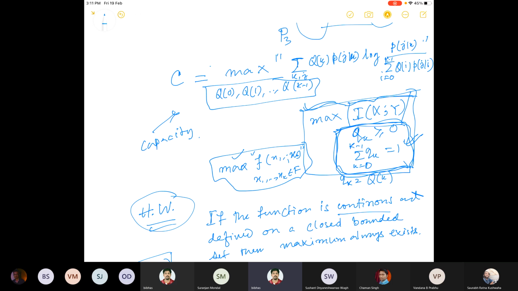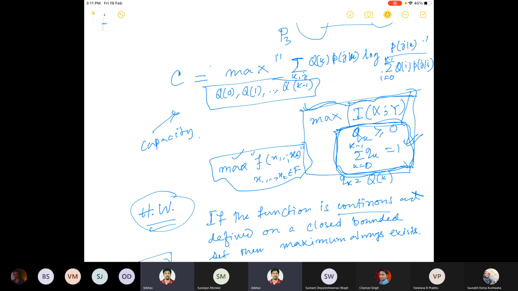In fact, we will prove something called the channel coding theorem. I will define what a rate is, by the way. A rate means how many bits you are sending per unit time. I'll define the rate of a channel.